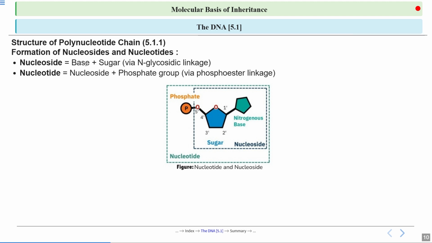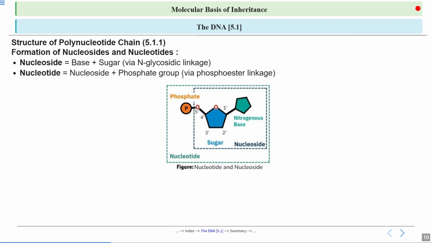When I was in 11th, 12th, I used to remember it like that: side means S, and S means second, means 2. So nucleoside is base, that is nitrogenous, plus sugar. And how is it linked together? Here you can see this is sugar and this is nitrogenous base. These 2 are making our nucleoside.